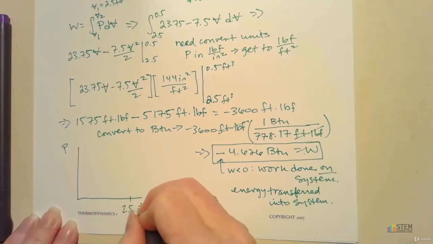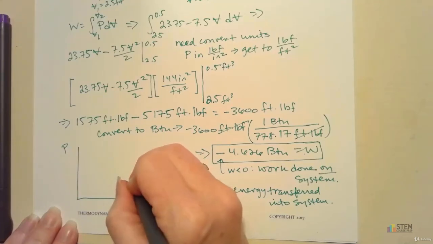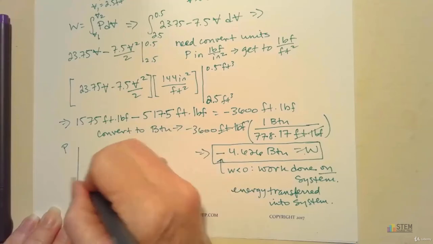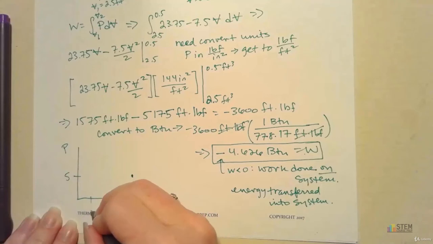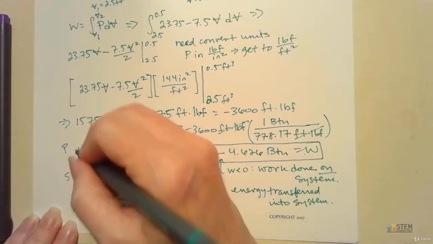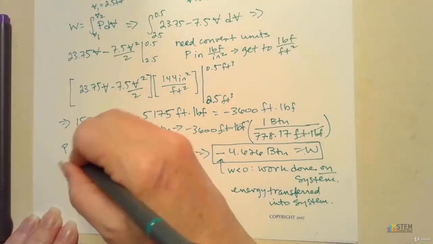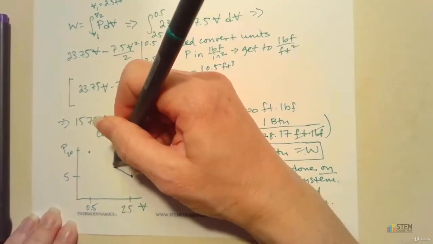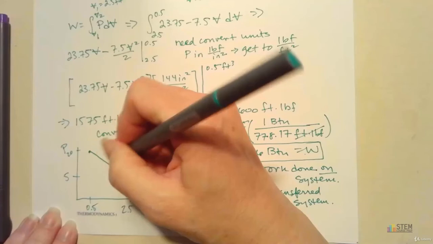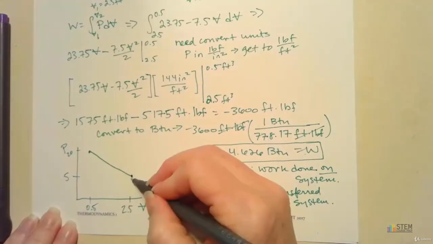All right, so initially we had a volume of 2.5 and we had a pressure of 5, and then at the second state, we had 0.5 for volume, and then our pressure went up to 20. Okay, so now if you were to draw a line connecting those two, it's going to look like that.